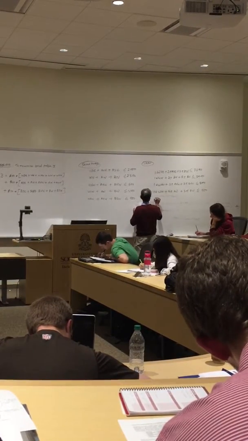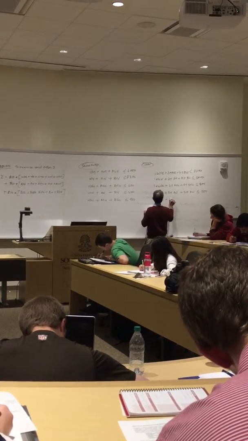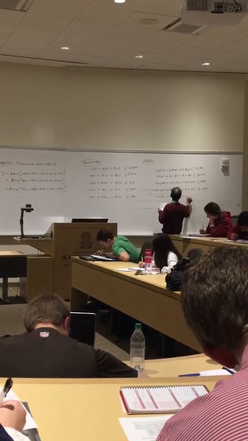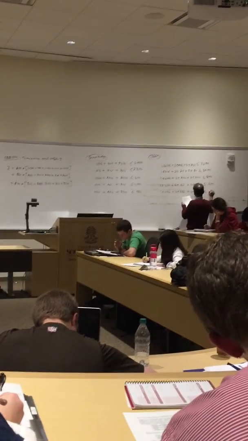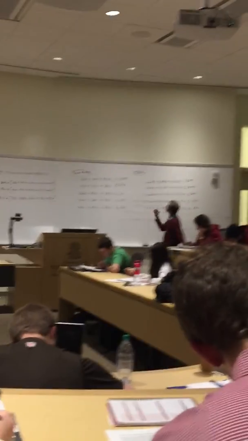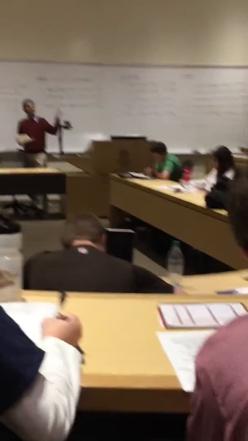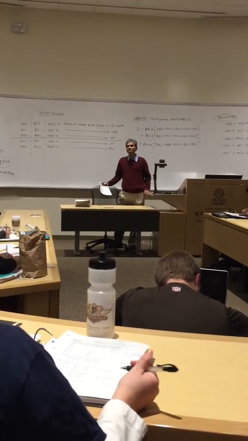And then 1.6 times WSW plus 2.9 times ASW plus 3.5 times BSW, which is less than or equal to 600. So this is for each of those 5 sectors and the water tolerance limit in each of those 5 sectors.